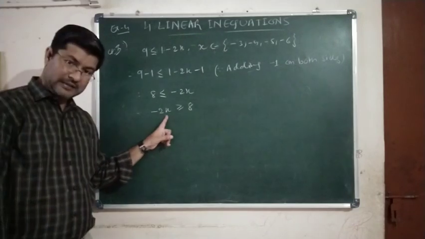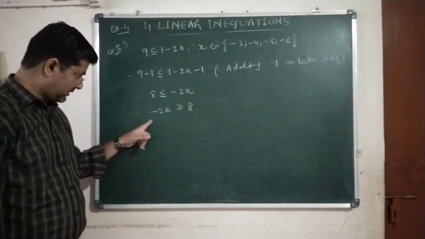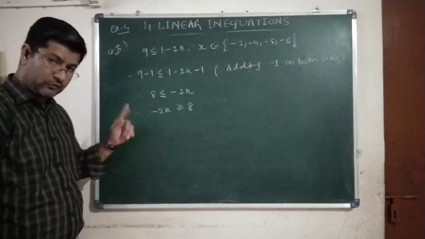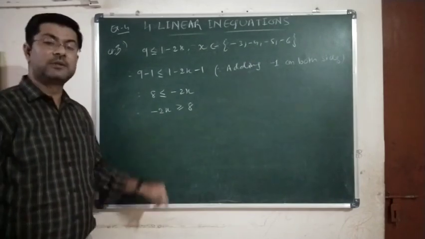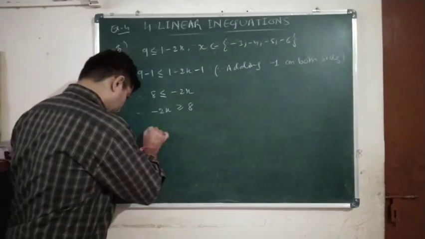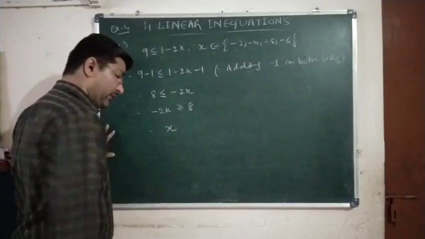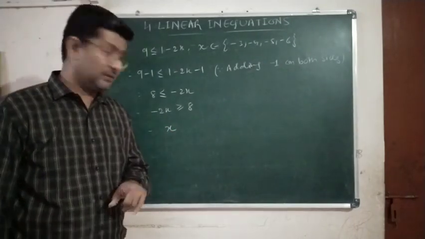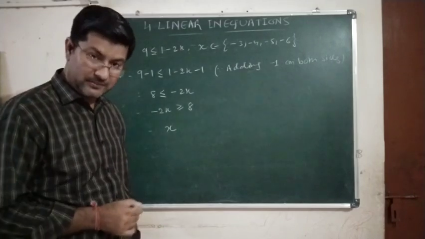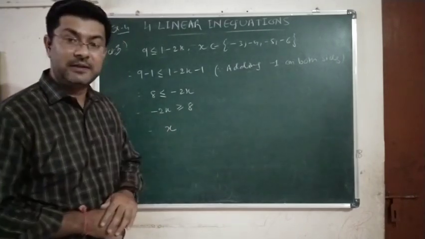Now we want to find x. Okay, so we have a minus 2 in multiplication. So what we will do? We will divide both the sides by minus 2. So let us divide by minus 2. And we know that if you are dividing both the sides by a negative number, the inequality will change.